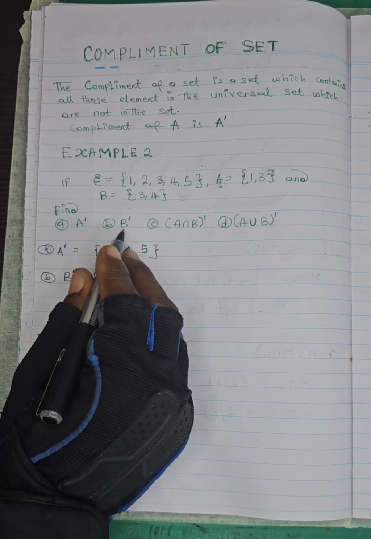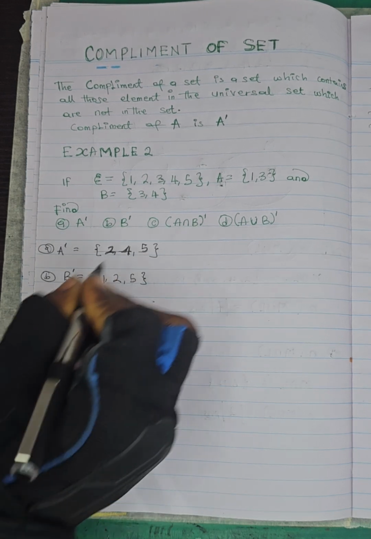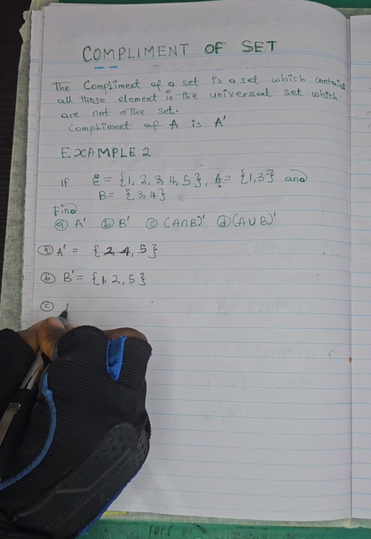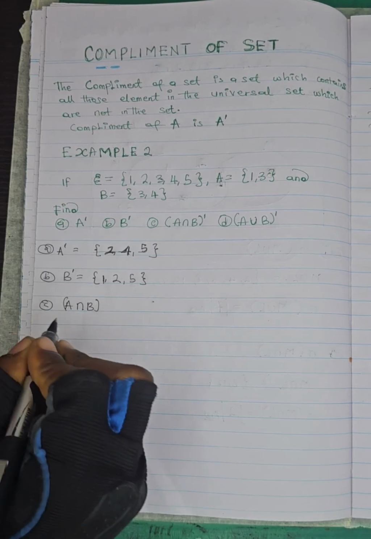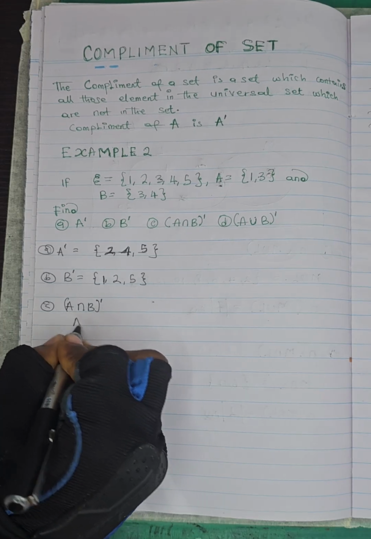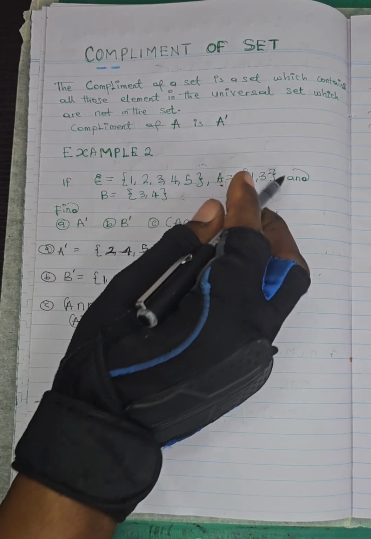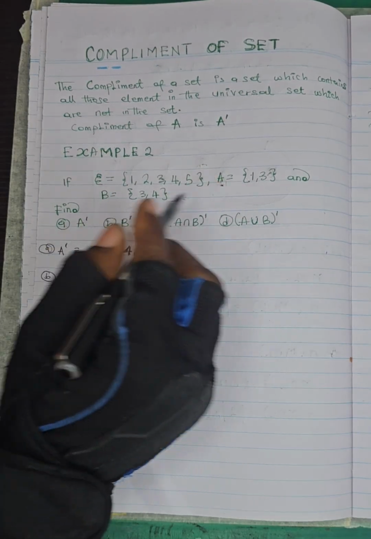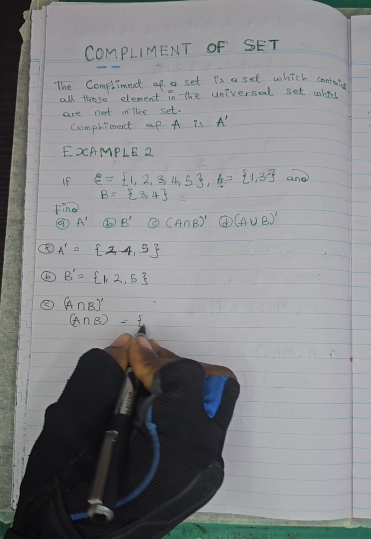This is a complement of what? Set B. So we now have A intersection B complement. First, you have to solve for the A intersection B. So first thing you solve is A intersection B. This is B. This is A. What does A and B have in common? They only have 3 in common. So A intersection B is 3.